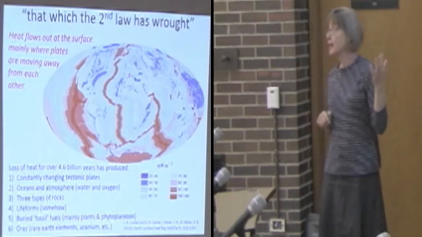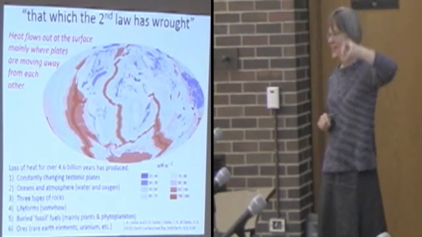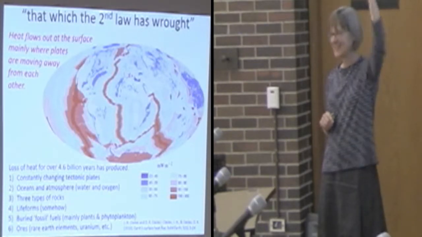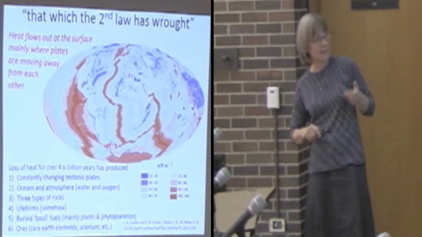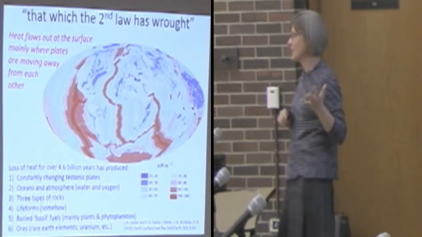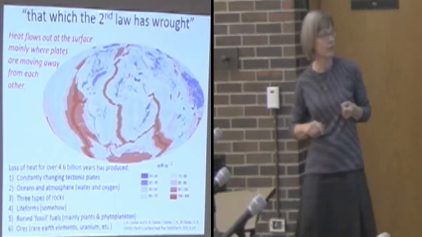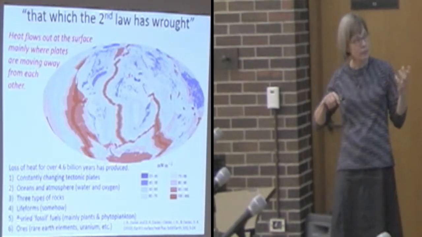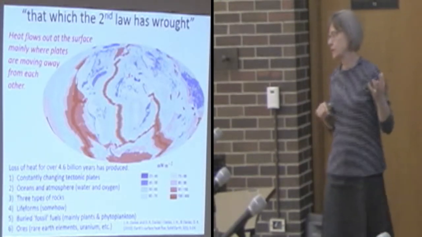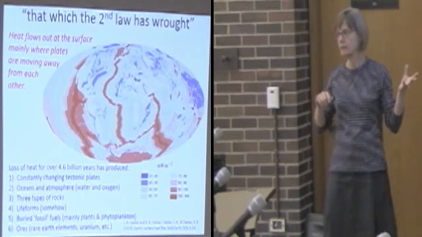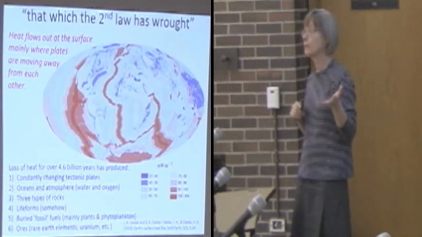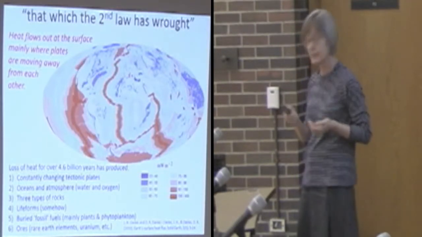It's created different types of rocks, three main types of rocks, which are igneous, metamorphic, and sedimentary. Somehow life started to form on the Earth and evolve, and it's created our main source of energy today that we still use, which is fossil fuels, and also all of the other kinds of ore minerals that we need for alternative or renewable technologies.